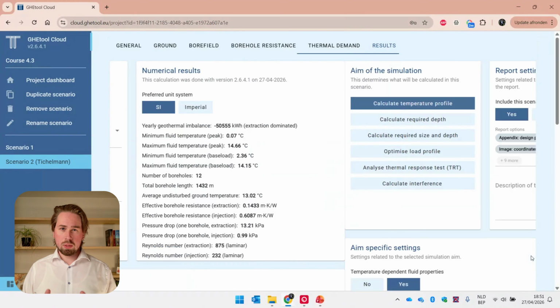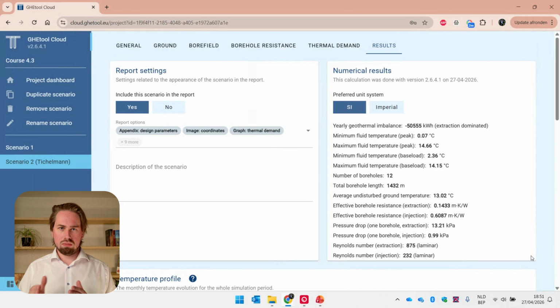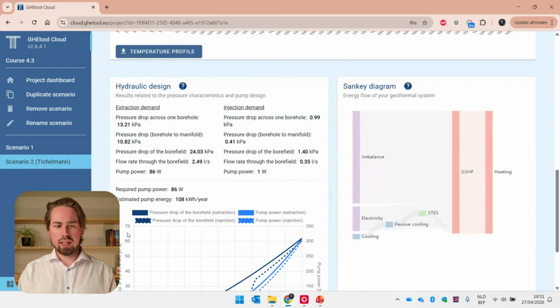So what we would expect, because we know that Tichelmann just equally divides the flow, is that the pressure drop inside the borehole stays the same, but our horizontal connection now gets way more flow rate. And if we scroll down, that's exactly what you see.